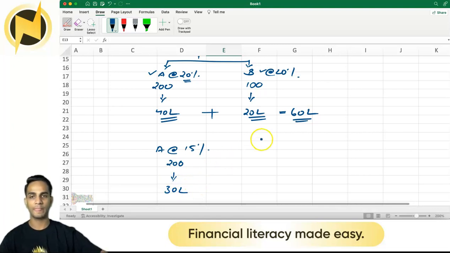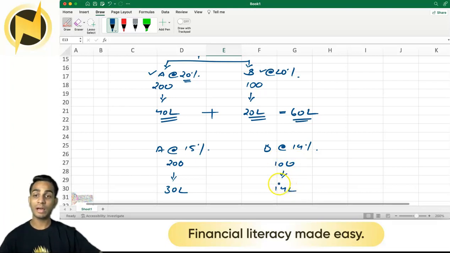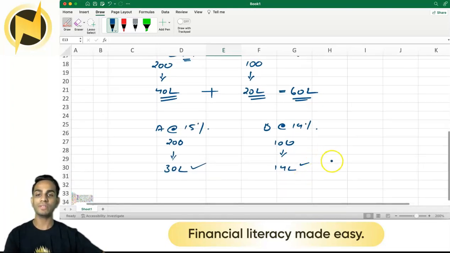And department B, your project's possibilities are a bit less, but we can do with 14%. B takes 100 lakhs and brings 14 lakhs return. The company is very happy because they are making good returns. They'll be like, yeah, we can work like this.